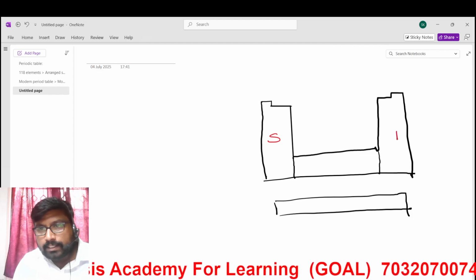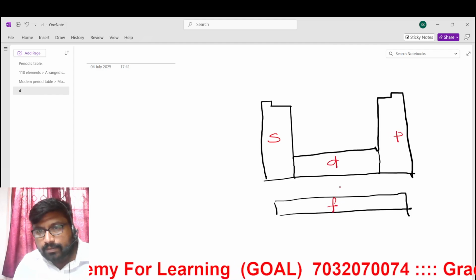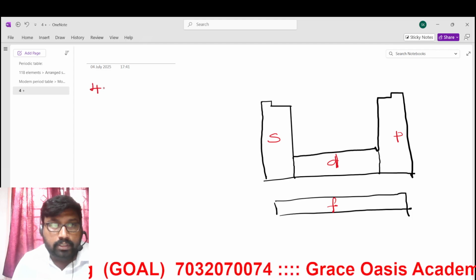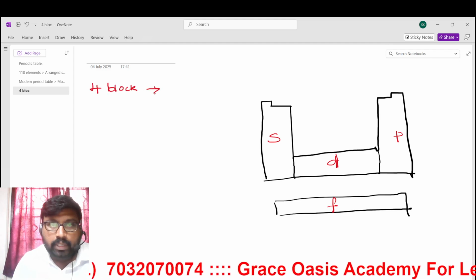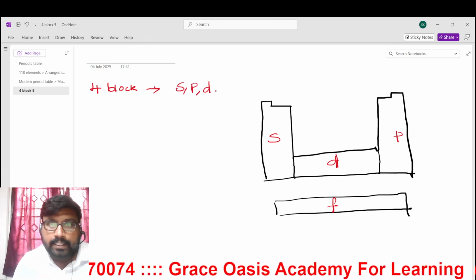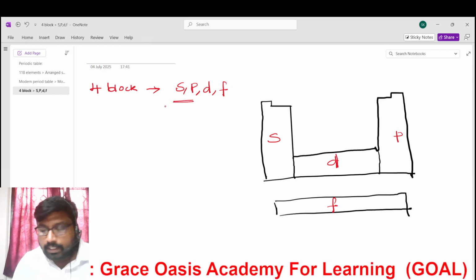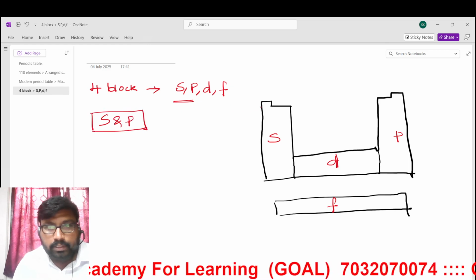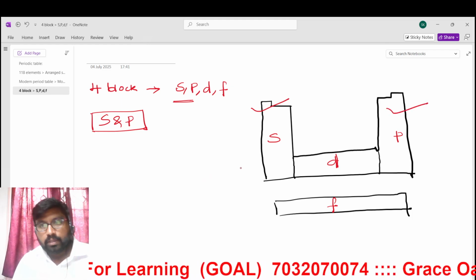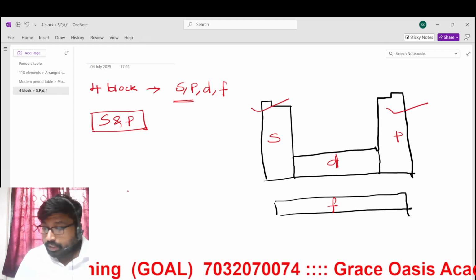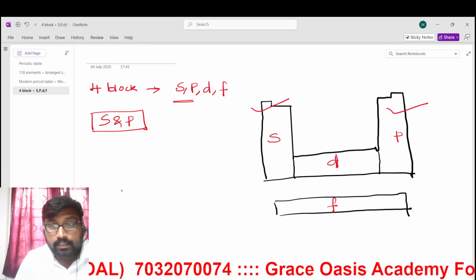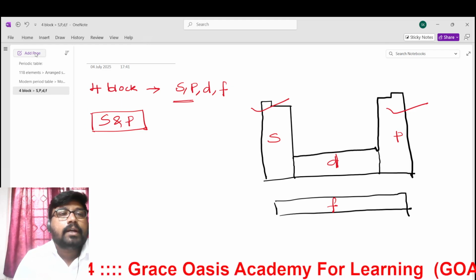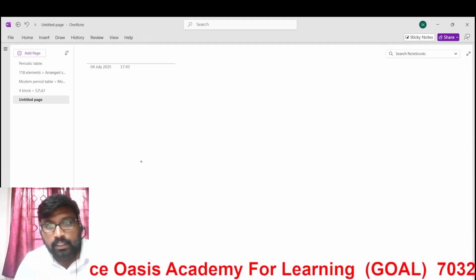This is S, this is P, this is D, and this is F. It is divided into four blocks: S, P, D, and F. In our syllabus, we are mostly going to discuss the S and P blocks, this block and this block. Before discussing the four blocks in detail, we need to know certain basics. We'll discuss the basics and then go into the major subject.